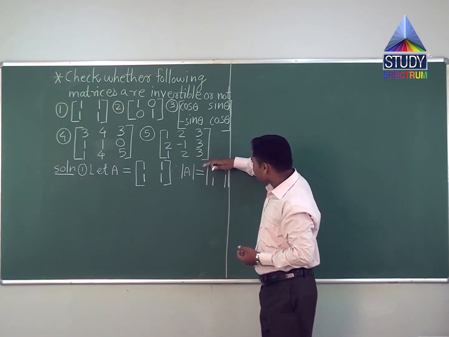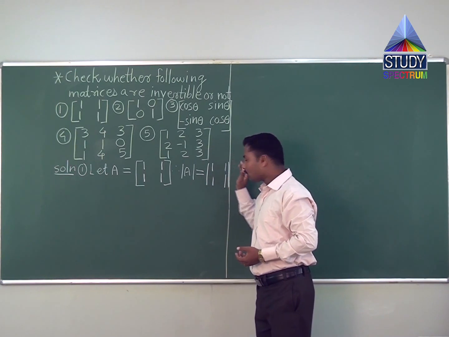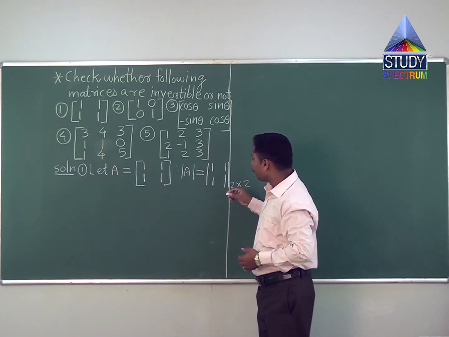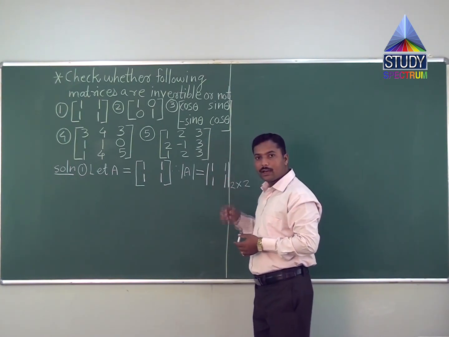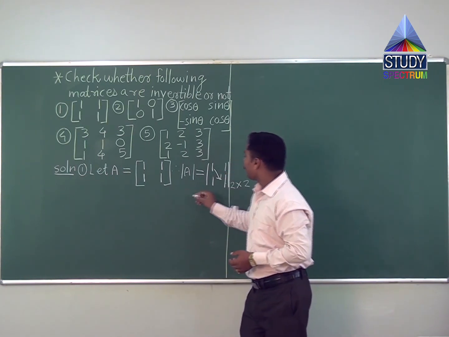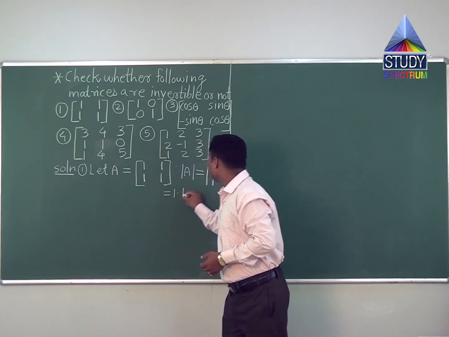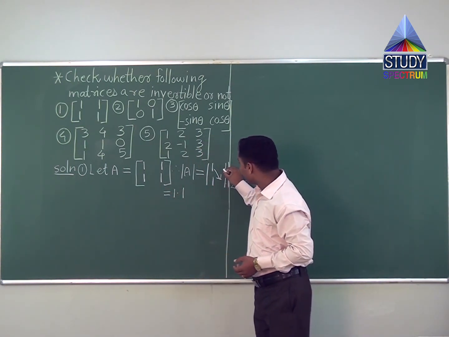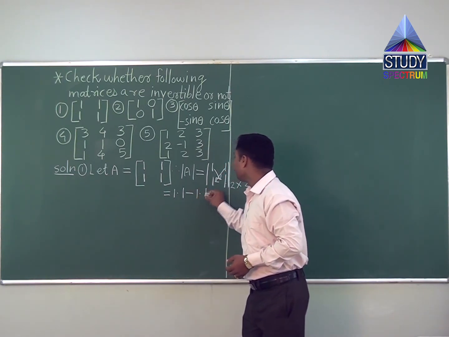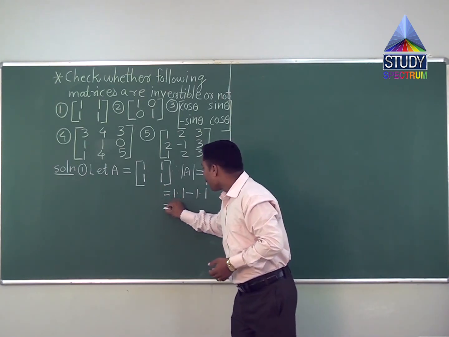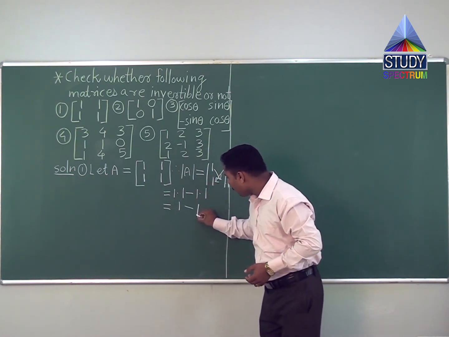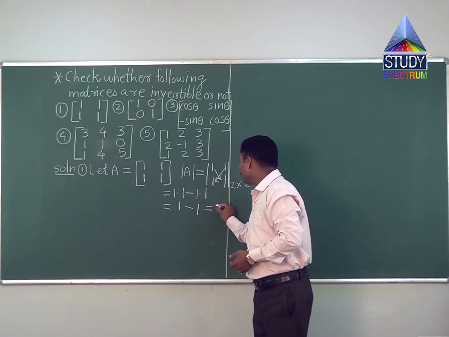This is the first row, second row, first column, second column. So this is a second order determinant. By the definition of expansion of a second order determinant, this number into this number, 1 into 1, minus this number multiplied by this number, minus 1 into 1. 1 into 1 is 1, minus 1 into 1 is 1, so it equals 0.